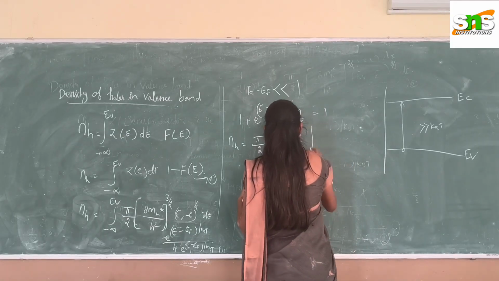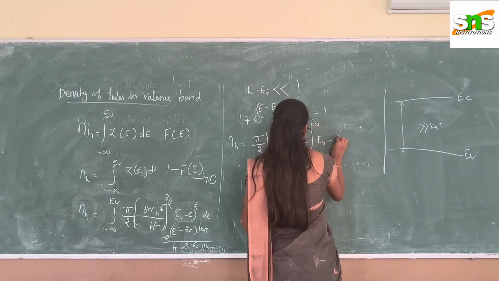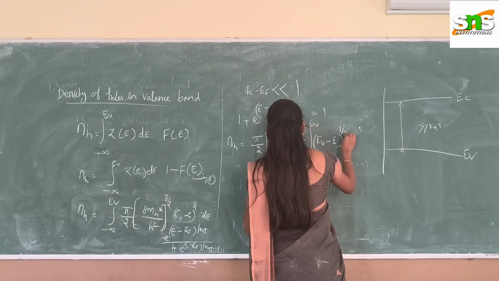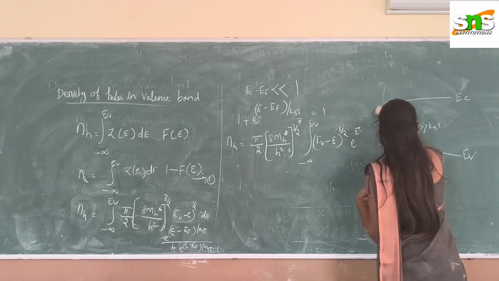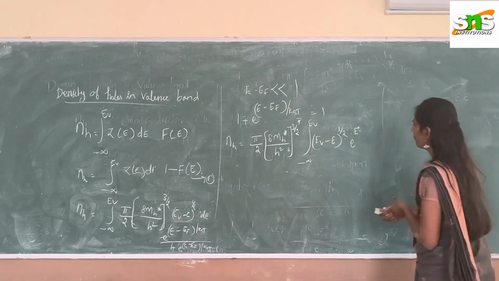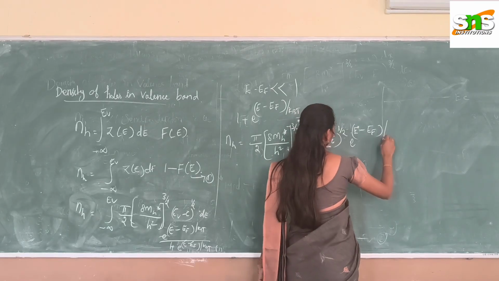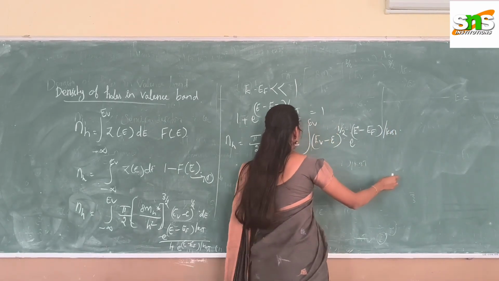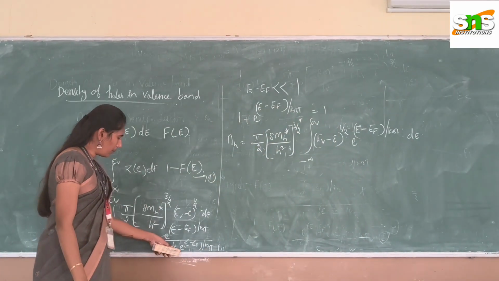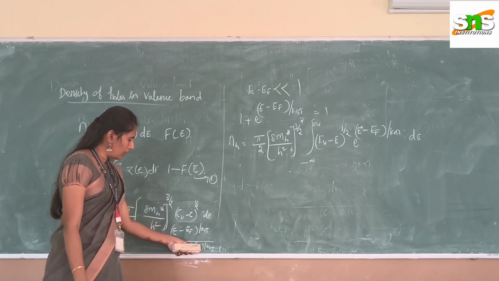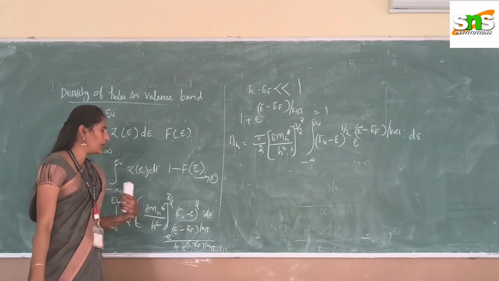Integration from minus infinity to E_V of (E_V minus E) the whole power of 1/2 into e^((E minus E_F)/kT) dE. Okay, so in this case 1 plus e^((E minus E_F)/kT) is replaced by 1. So we will get the answer e^((E minus E_F)/kT).